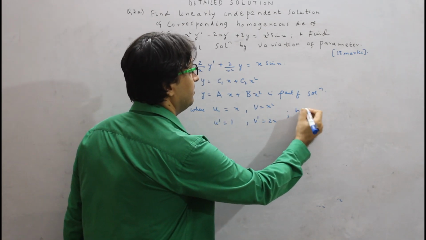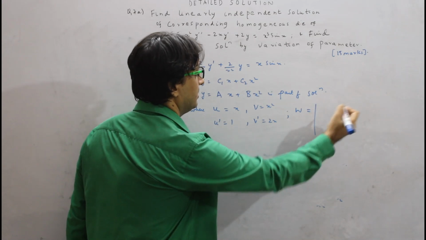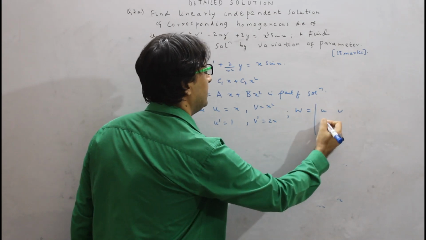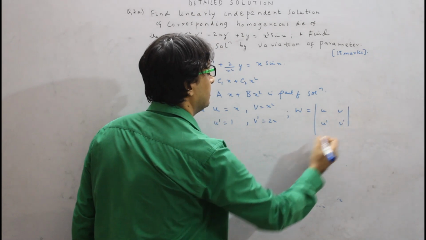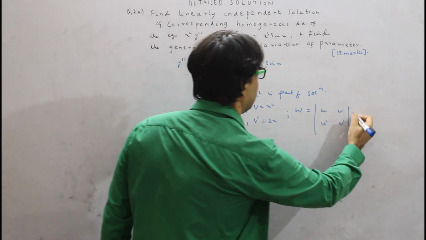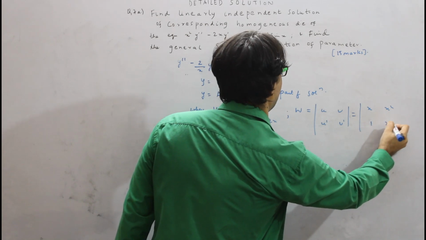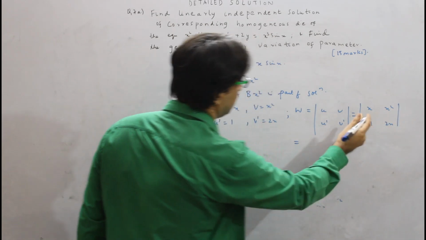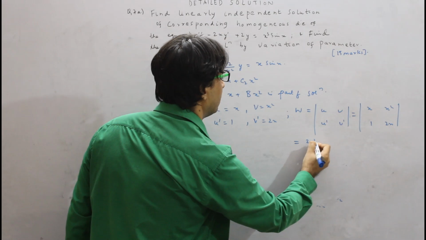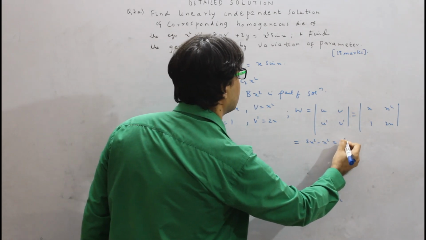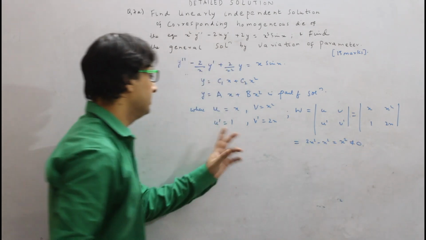We have to compute the Wronskian, that is u v u dash v dash. So this gives us x, x square, 1, 2x. So this gives us the Wronskian as 2x square minus x square is equal to x square, which is not equal to 0.